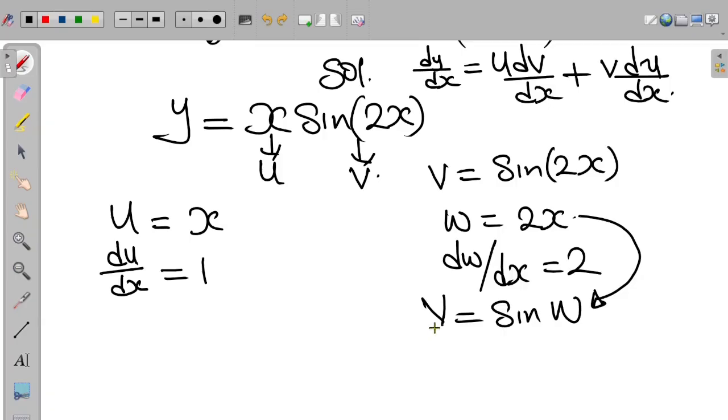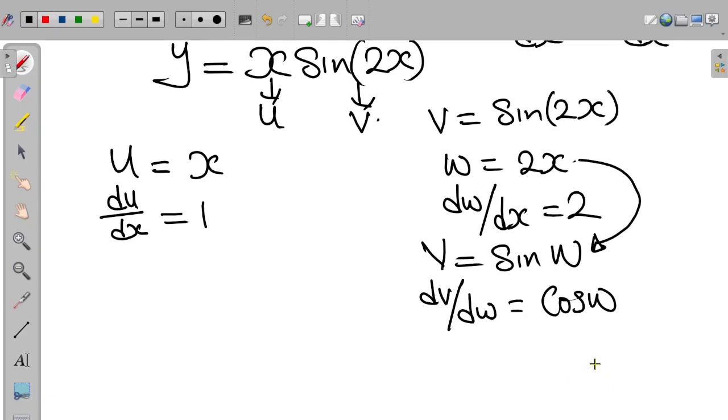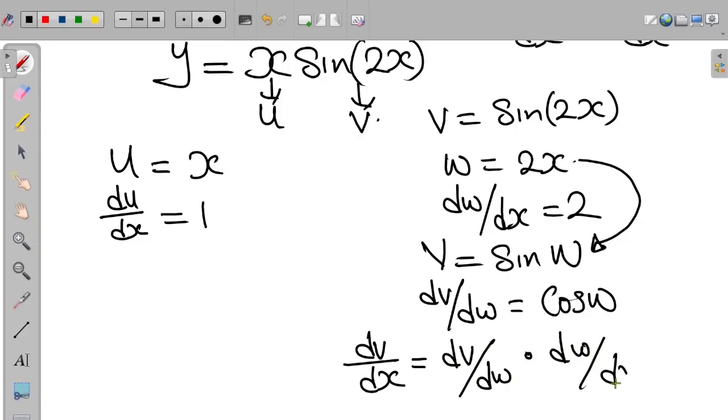Also, if we differentiate v equal to sine w, we have that dv over dw will be equal to cos w. So at this point, we can obtain the value of dv over dx by using the chain rule. So dv over dx will be equal to dv over dw multiplied by dw over dx.